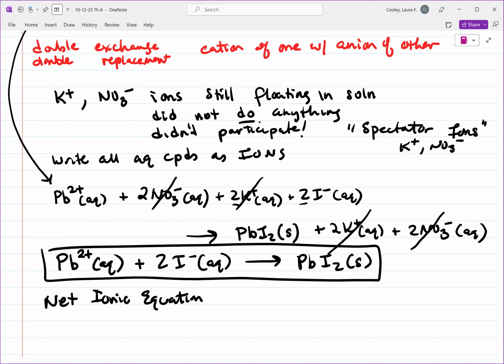I used to spend a lot of time teaching net ionic equations in this course, but this year, I'm making it an extra credit topic. Okay, so there's a handout in this packet. It's like the 5th or 6th page in, and it says writing net ionic equations. So this gives you detailed instructions on how to write net ionic equations. But like I said, it's extra credit in fall of 2023.